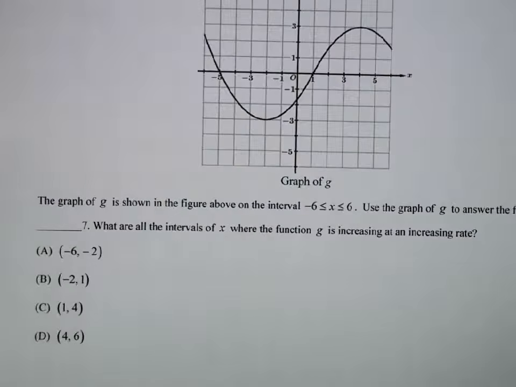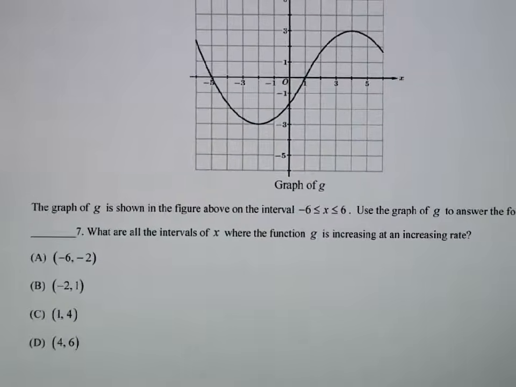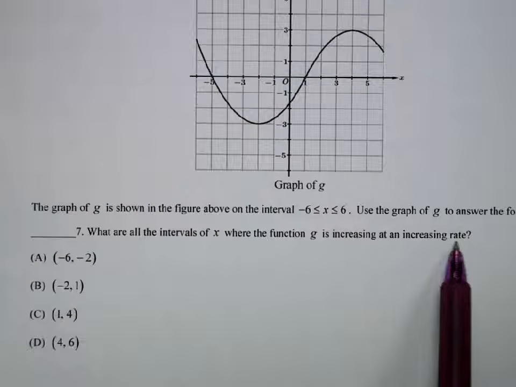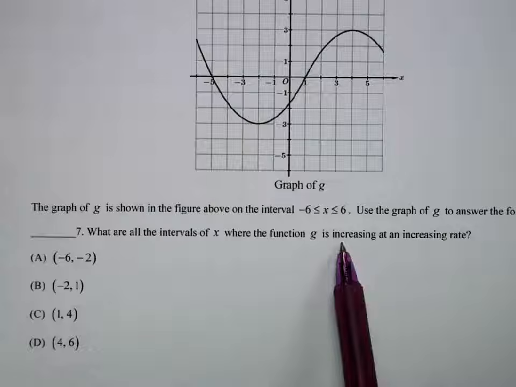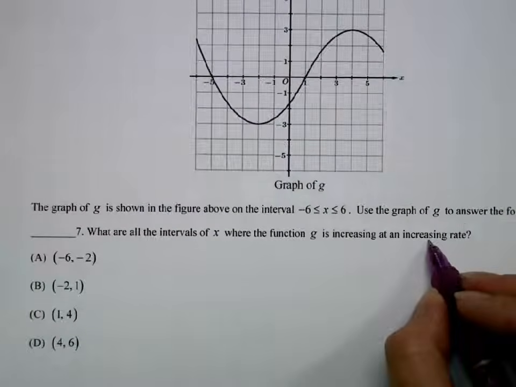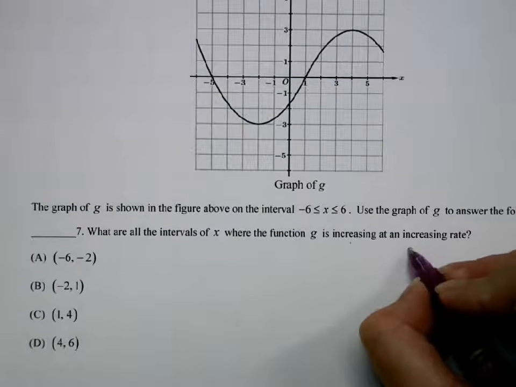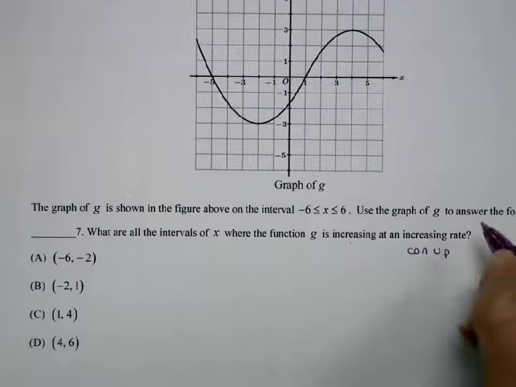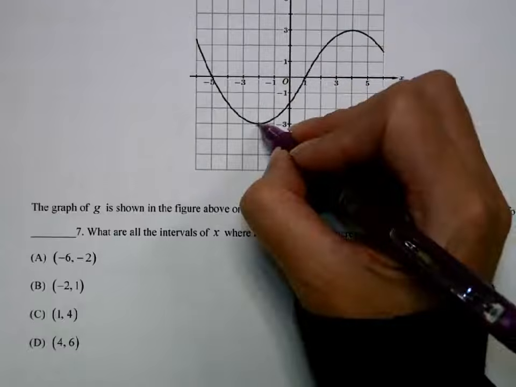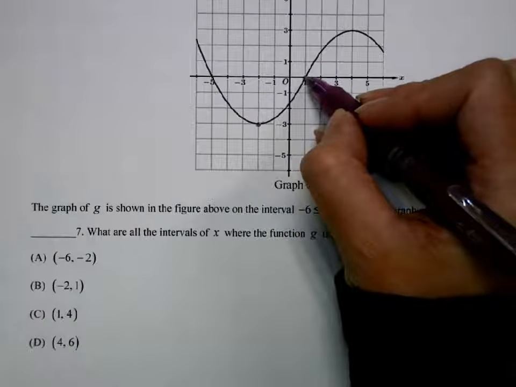Okay, for this next one, new graph, and we are asked on what intervals is the function increasing at an increasing rate. So this means the function is increasing and the rate of change is increasing. So we're looking for it increasing and concave up. So we're increasing and concave up starting at -2 until we get to that inflection point at 1.